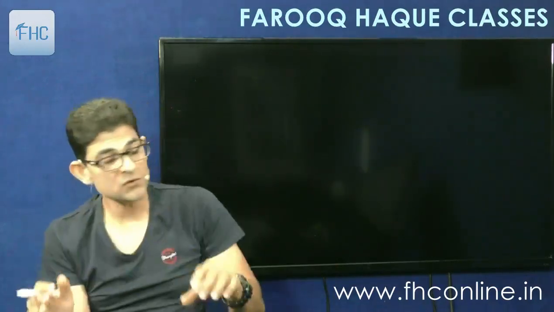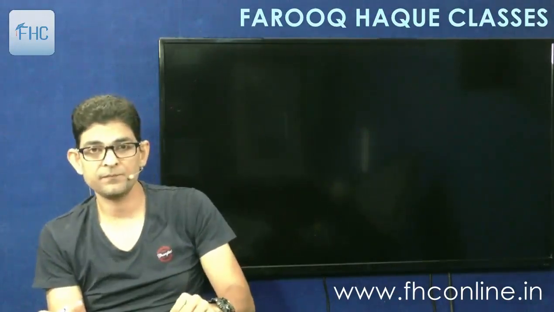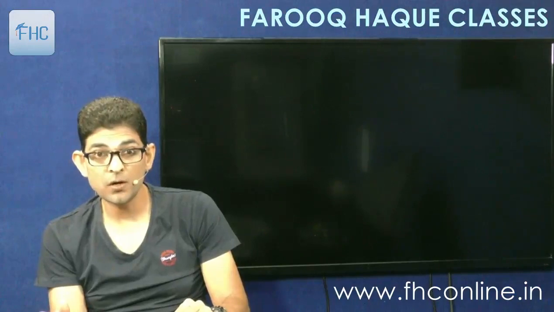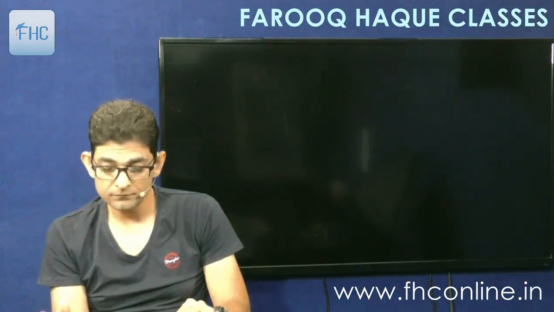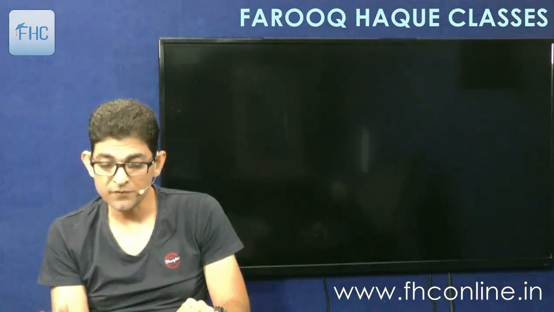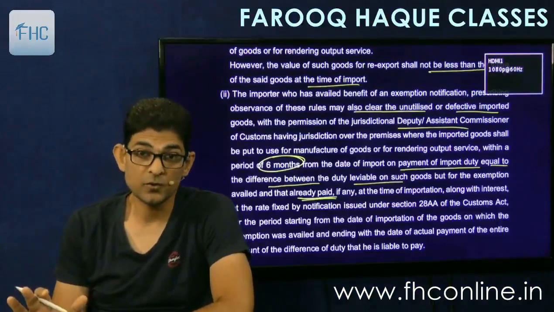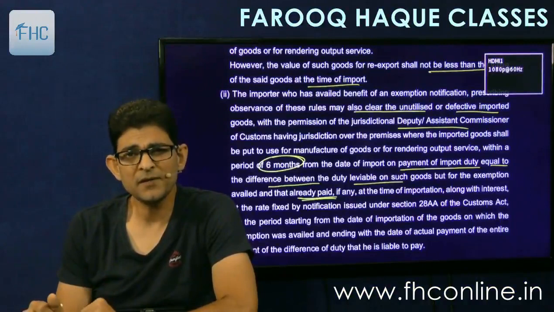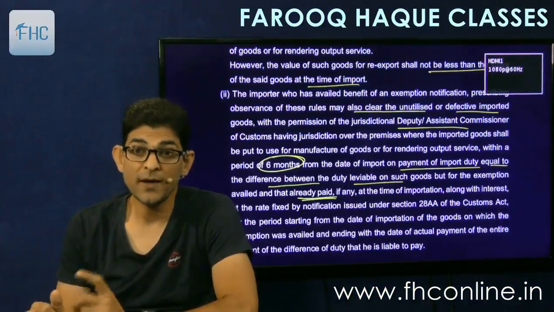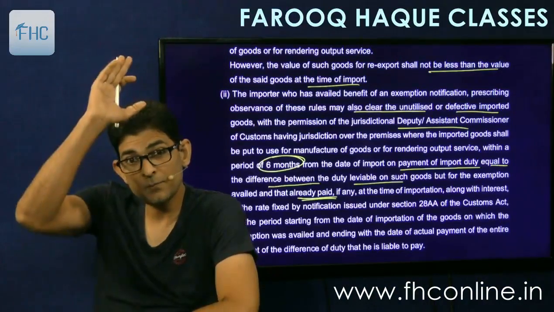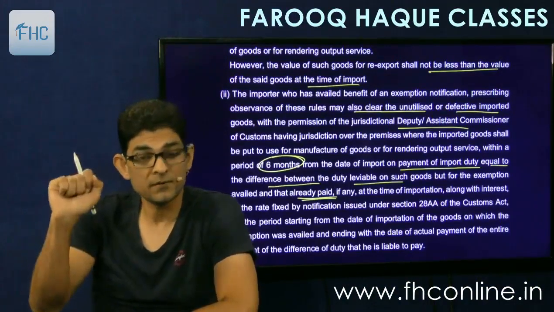Means in case of concession, we'll have to pay the difference, and if we have got full exemption, we have to pay the whole amount of duty along with interest. So that means that you can clear the goods also. If you don't want to re-export them, you can clear them in India, but on payment of duty and interest. Okay, interest will be charged right from the importation till the date of payment.